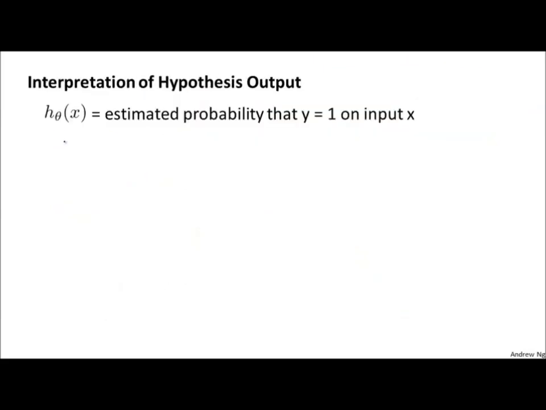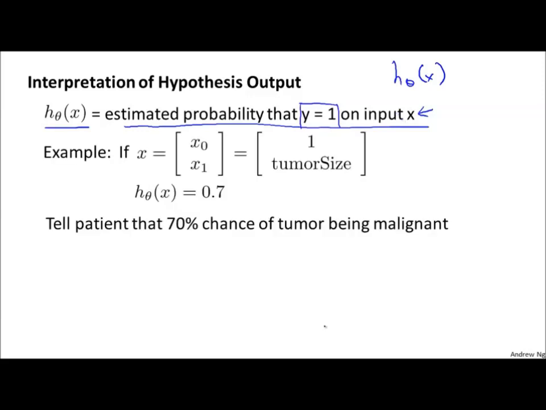Here's how I'm going to interpret the output of my hypothesis h of x. When my hypothesis outputs some number, I am going to treat that number as the estimated probability that y is equal to 1 on a new input example x. Here's what I mean. Let's say we're using the tumor classification example.